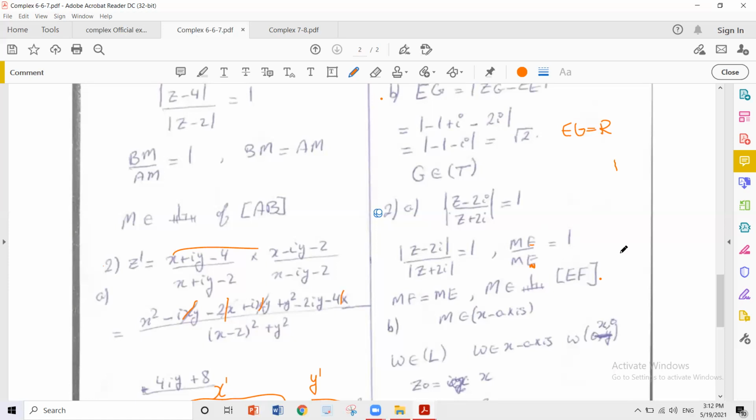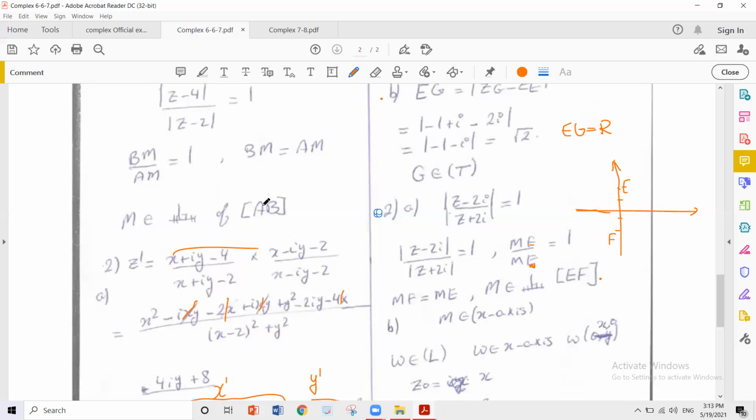Pay attention: what is the perpendicular bisector of EF here? ZE is 2i, ZF is -2i. The perpendicular bisector of EF is the x-axis.